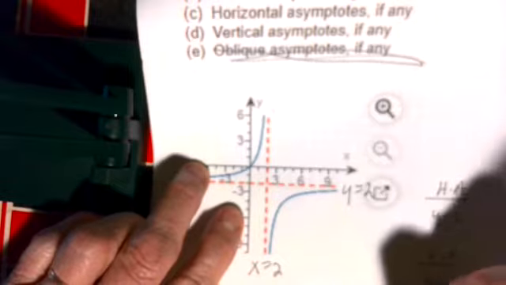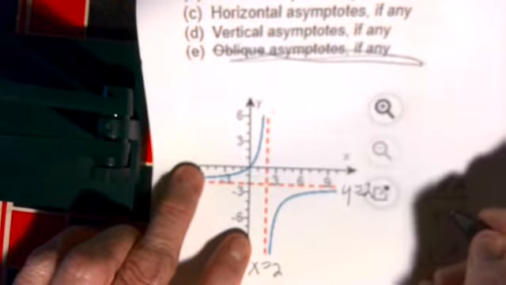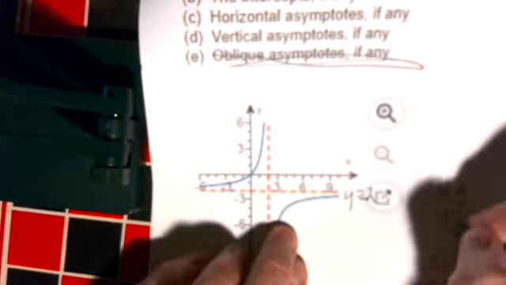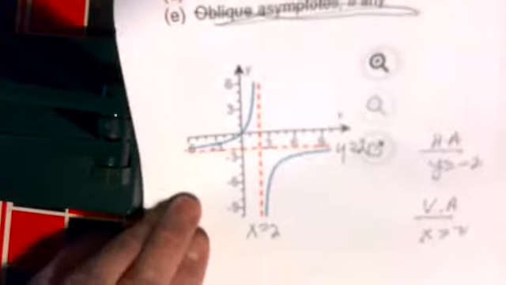X equal 2. Oh, and I'm sorry, that should be a minus 2. Y equal minus 2. And below the x-axis right there. All right, so that's about minus 2, I think, is the horizontal asymptote.